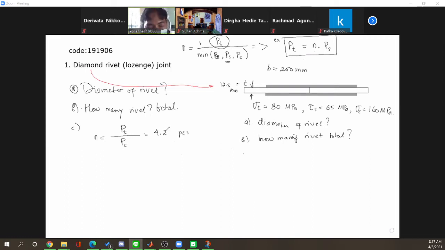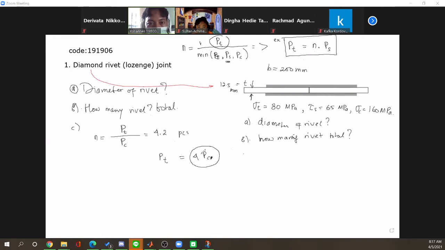If Kafka chooses only 4 rivets, then what kind of failure will appear in this joint?